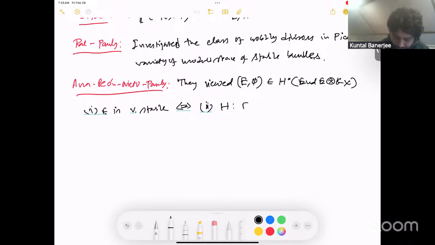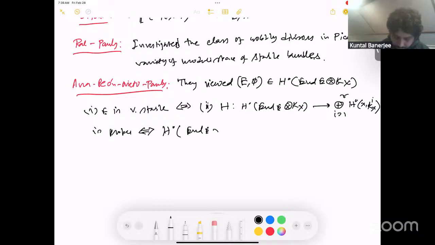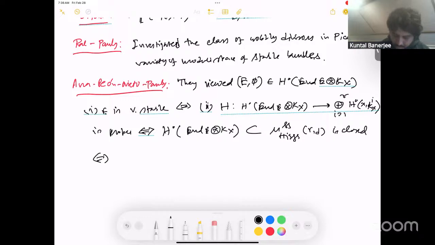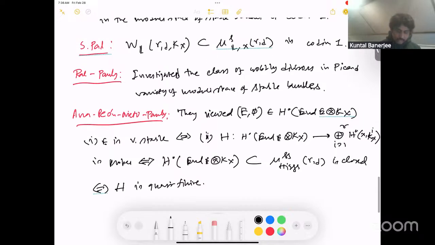So the Hitchin morphism restricted on this affine space is proper if and only if the closed subset inside this moduli space of Higgs bundles is closed if and only if this Hitchin morphism H is quasi-finite.